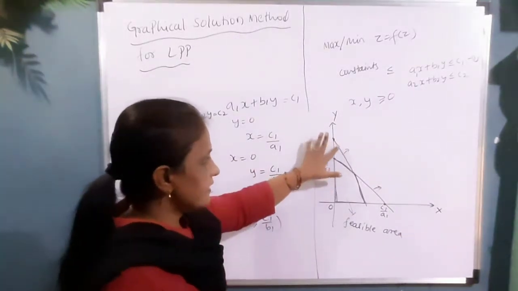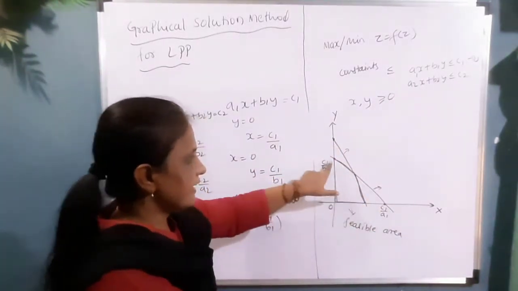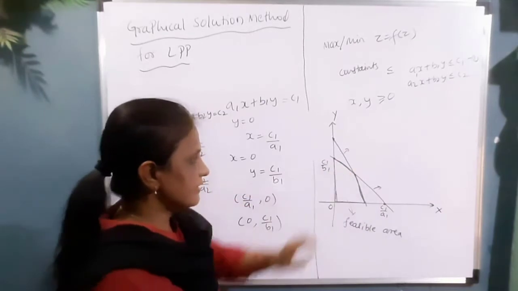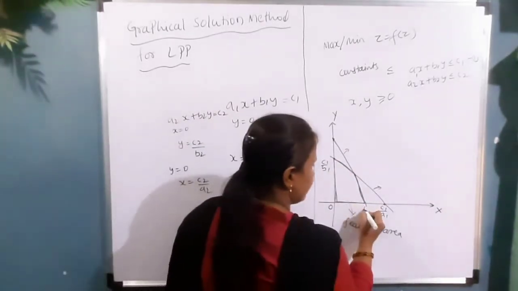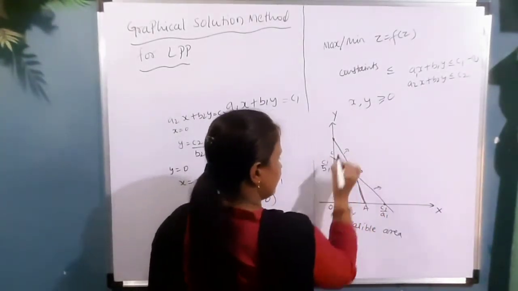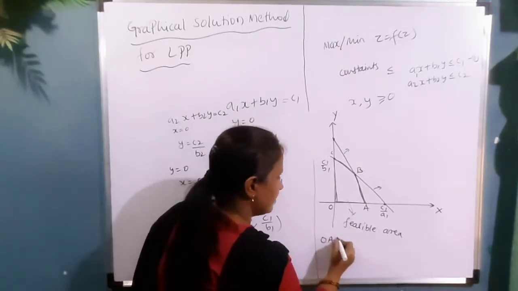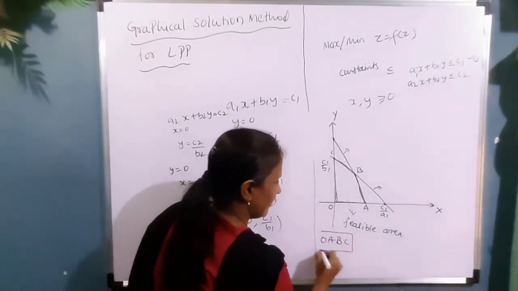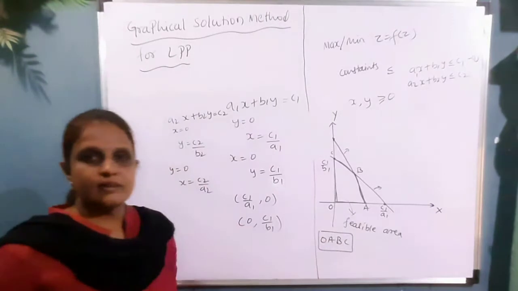We can name it A, B, C, so OABC is the feasible area.